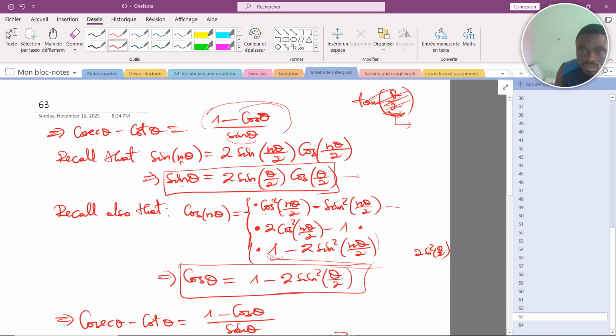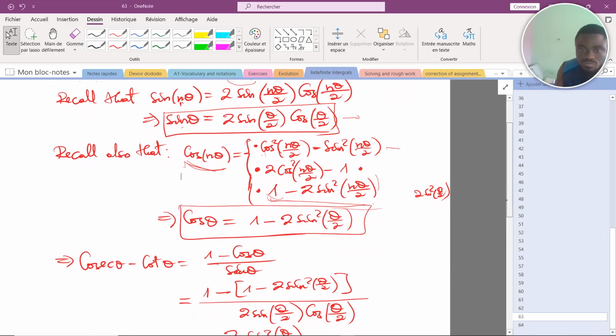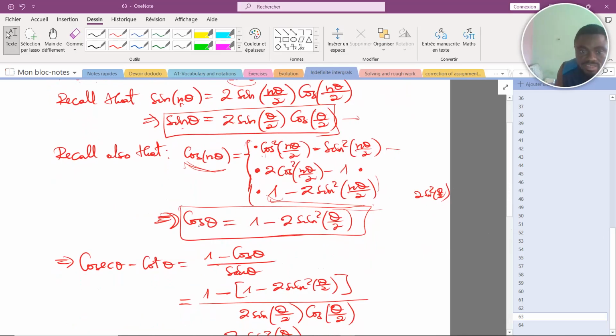Is that okay? So I just wrote these 3 formulas for you to know the trigonometric transformation, because I could just directly write this. Is that okay? So from there, this implies cos θ. I replace n by 1 here because we have to have cos θ. So cos θ will be equal to what?